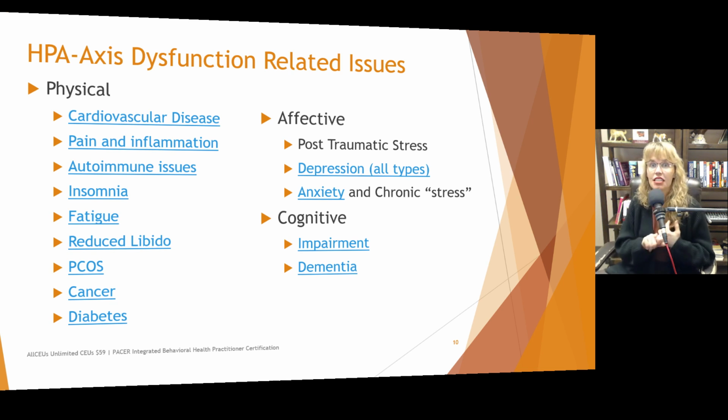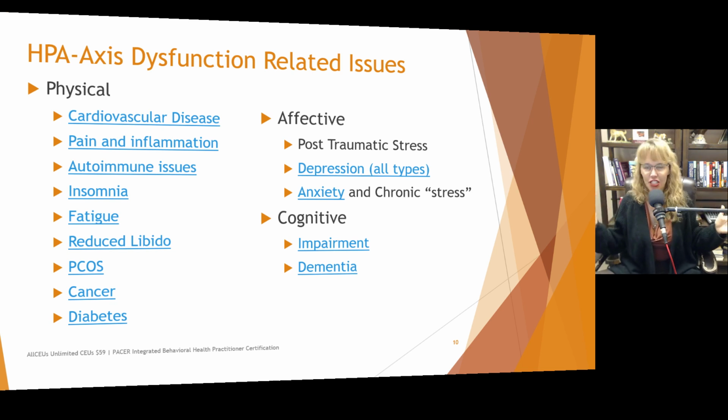Cancer has been directly tied to HPA axis dysfunction, which is why one of the main preventative strategies, along with diet and exercise, is stress management as a preventative step towards cancer.